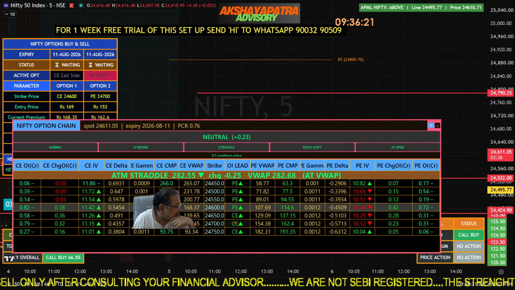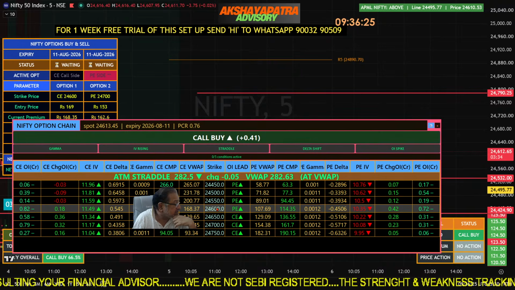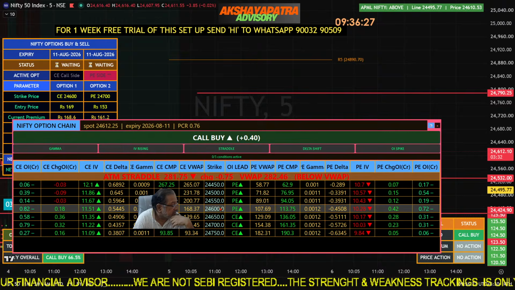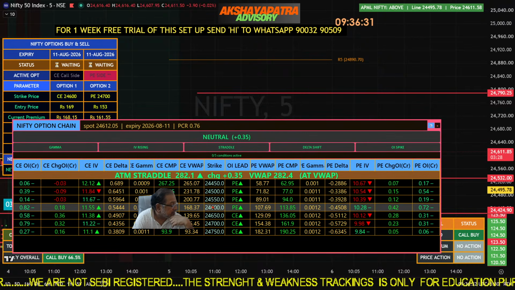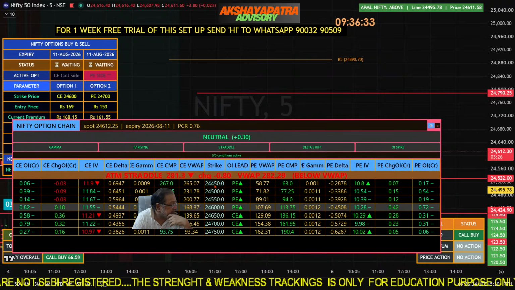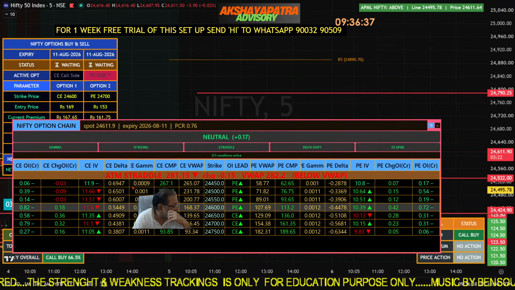It is at this point: 24,650 resistance, 24,600 support. That is where it is. Above 24,650, it is CE. Below 24,600, it is PE. Okay. So that is where the current straddle is.